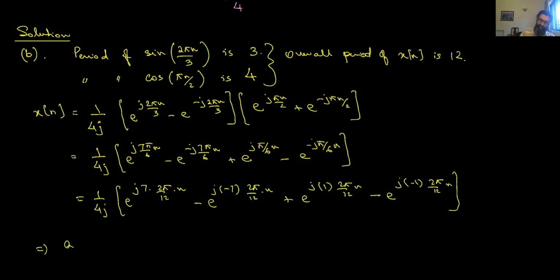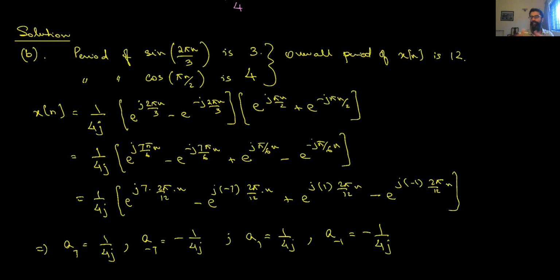So a7 equals 1 upon 4j, a minus 7 equals minus 1 upon 4j, a1 equals 1 upon 4j, and a minus 1 equals minus 1 upon 4j. And if you want them within one period, minus 7 is actually 5 and minus 1 is 11.